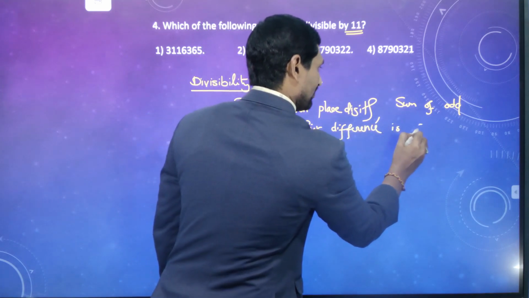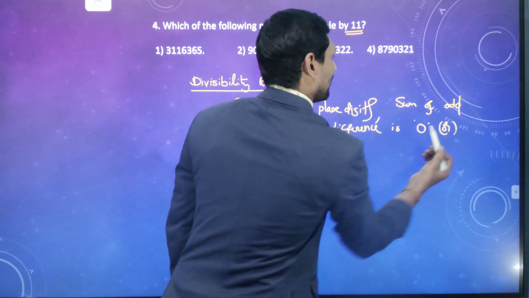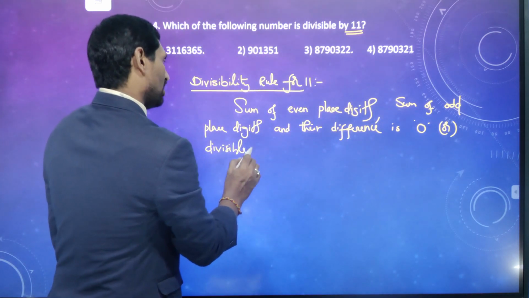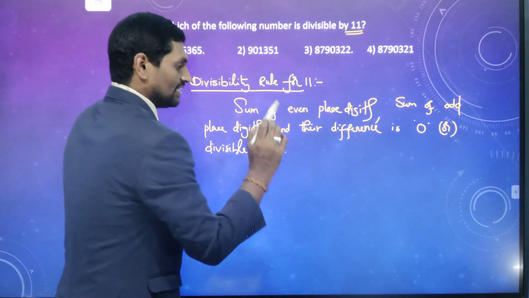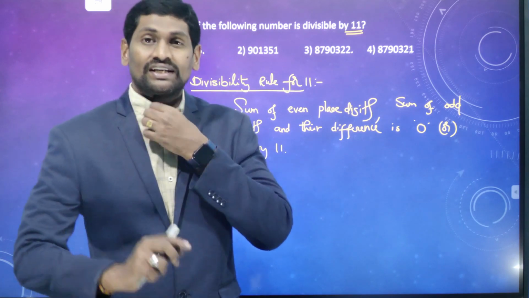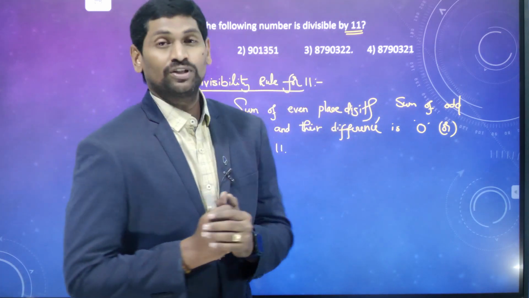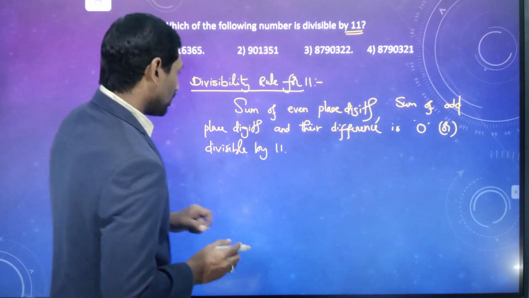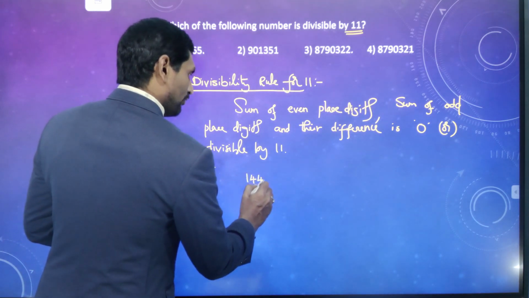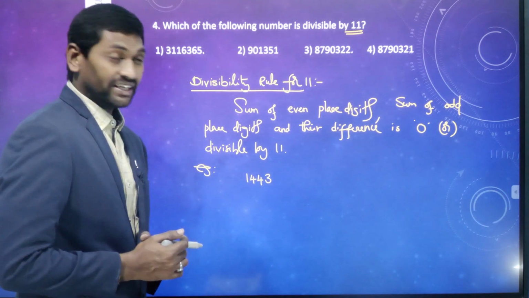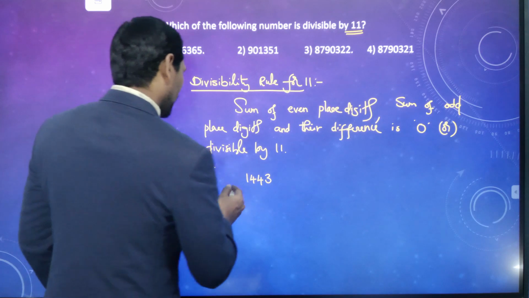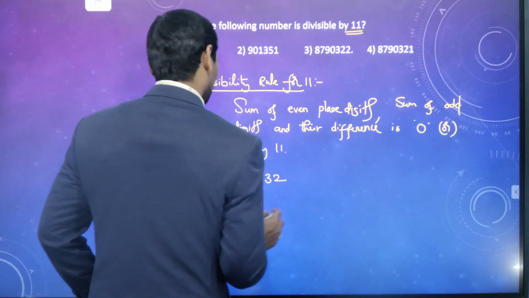If the difference is 0 or divisible by 11, then the entire number is exactly divisible by 11. Let me discuss the same divisibility rule with an example. I am taking an example like 1443, or 14432.